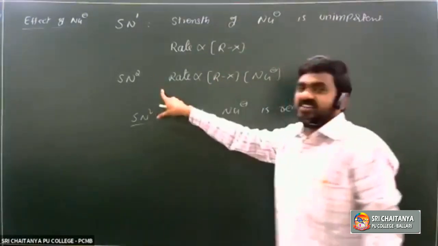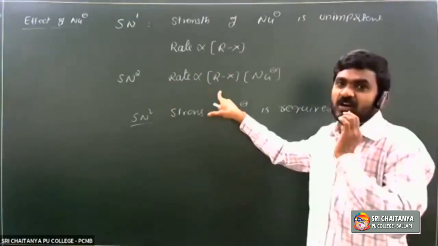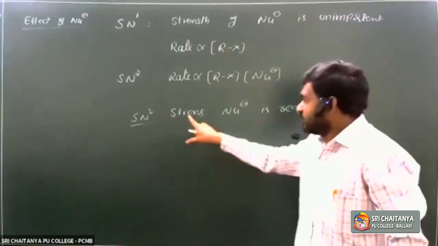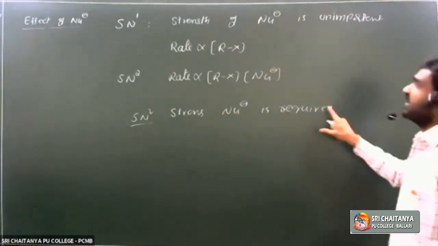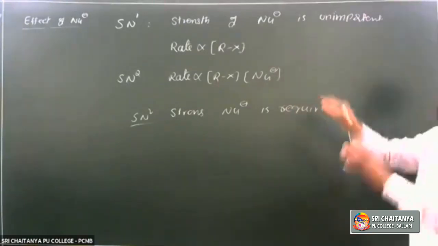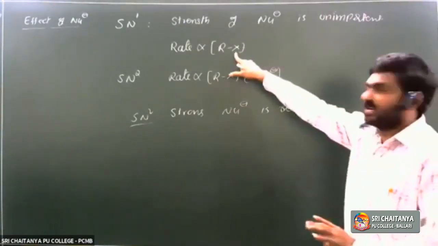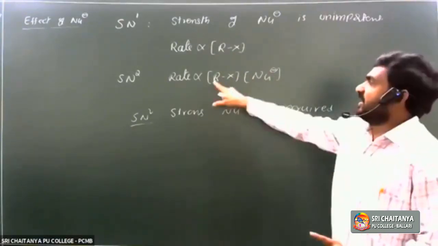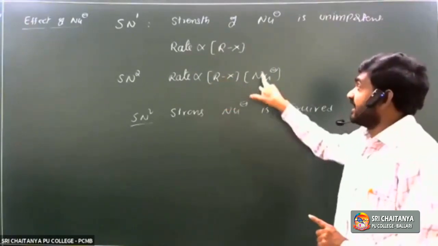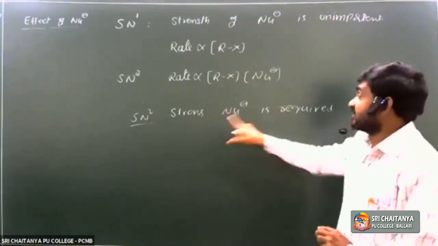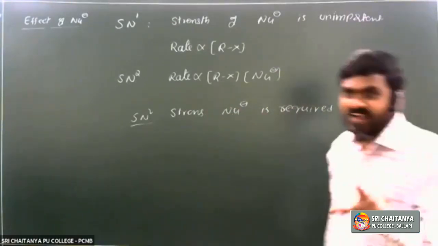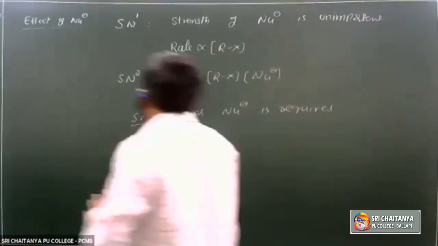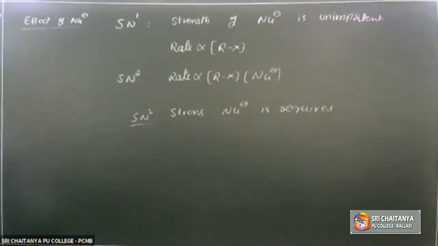In case of SN2 reaction, the rate depends on the concentration of alkyl halide and the concentration of nucleophile. Hence, a strong nucleophile is required.